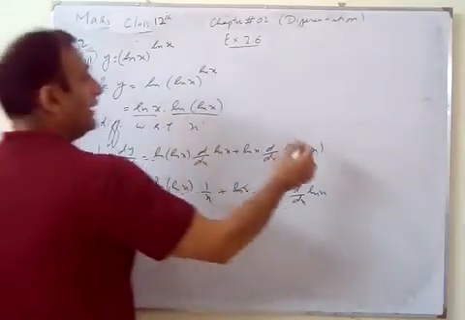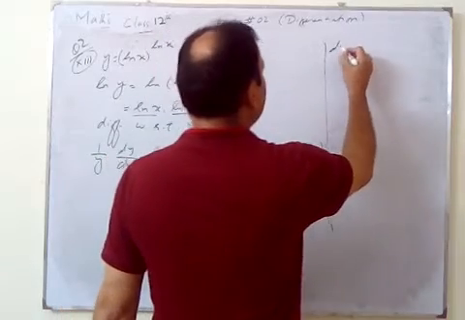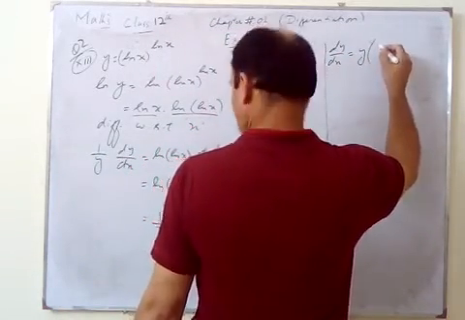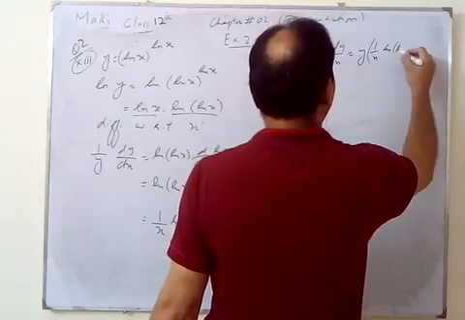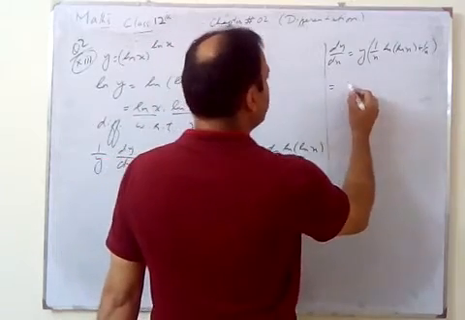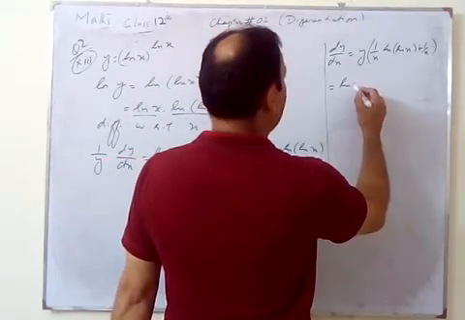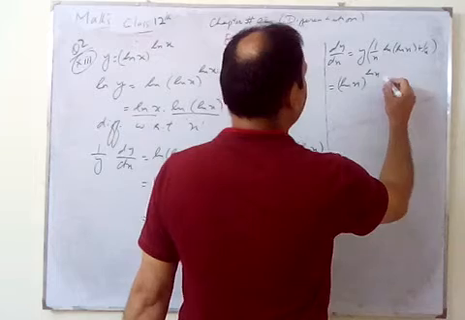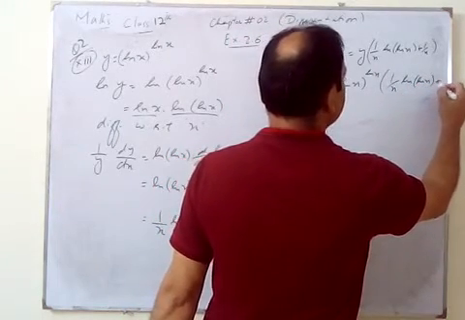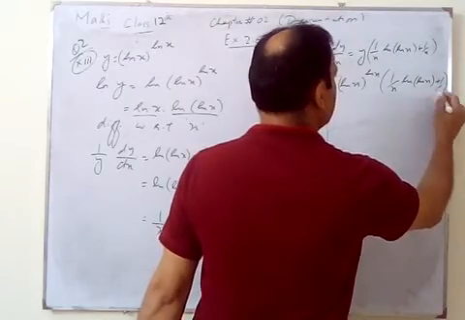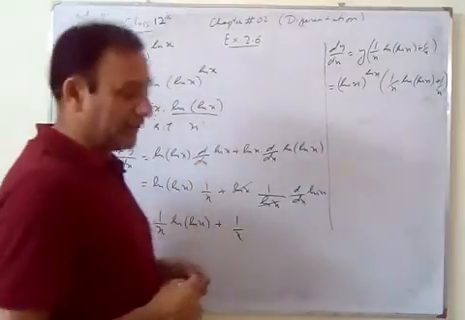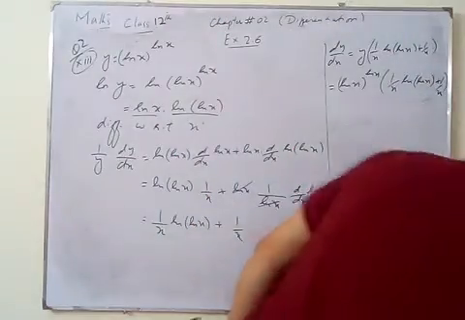So dy by dx is equal to y into (1 over x log of x plus 1 over x). The value of y is log of x power log of x, into (1 over x log of x plus 1 over x). So this is the way to differentiate these.